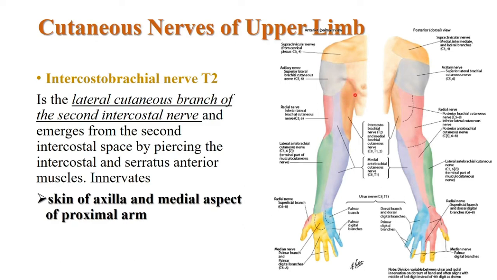It emerges from the second intercostal space by piercing the intercostal muscles and serratus anterior muscle, and innervates the skin over the axilla and medial aspect of the proximal arm. This is the intercostobrachial nerve.